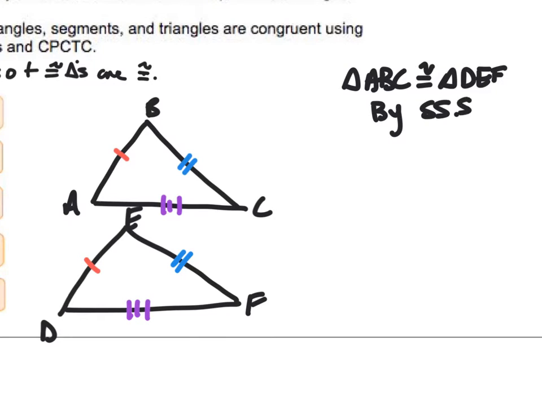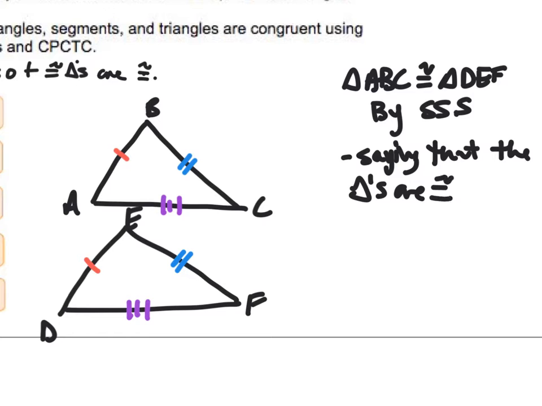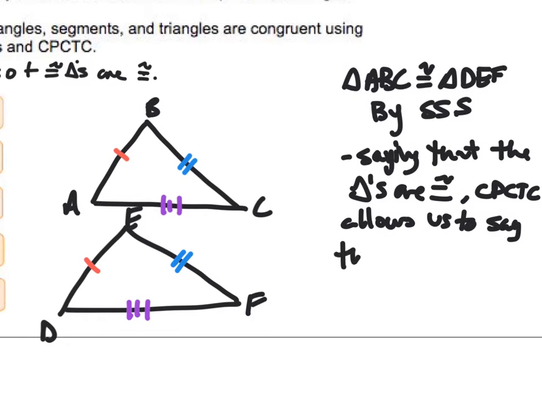Because I have said that these triangles are now congruent, this statement up here, saying that the triangles are congruent, CPCTC allows us to say that corresponding parts are congruent.